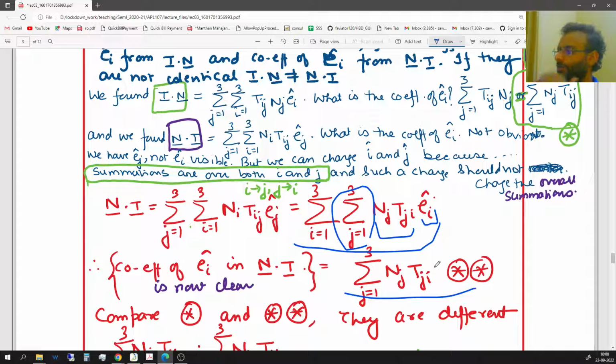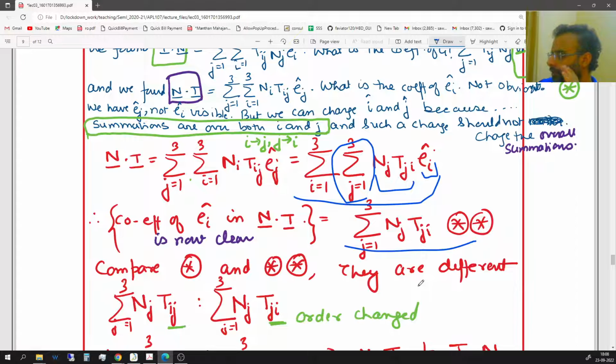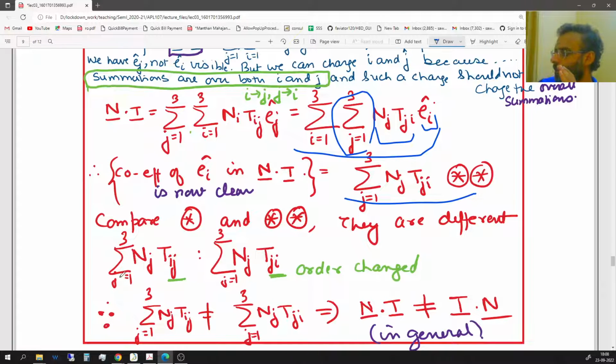So by this time, I have the coefficient of ei in n dot t, double star, and I already had the coefficient of ei in t dot n, which was single star. Now you compare single star with double star here, and we can conclude whether they are same or not. So on one side, I have summation nj tij, j going from 1 to 3.